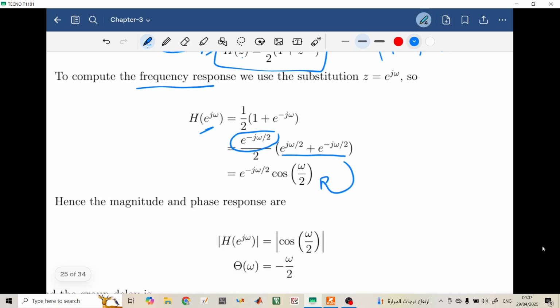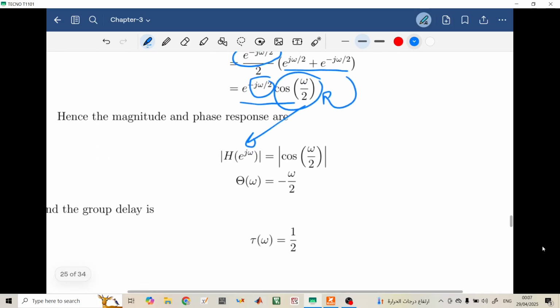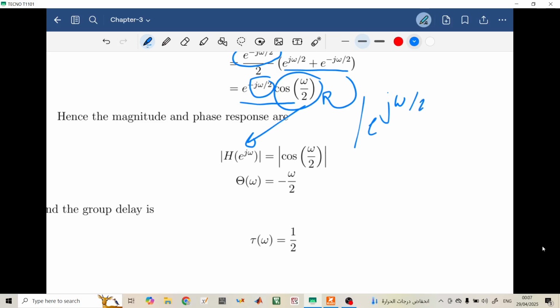Now this expression, we can easily say, okay, this is the magnitude response and this is the phase response, minus j omega by 2. Okay, so we take the magnitude of this, right? Remember that the magnitude of the exponential j omega by 2 equals 1, right?